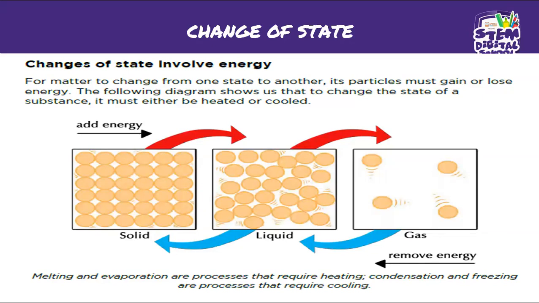So you add energy to a solid, what happens? It changes to liquid, and then consequently it changes to gas. Remove the energy, and from the gas it will change to liquid, and then to solid. And you see, at the end of the day, the process is cyclical. Melting and evaporation are processes that require heating. Condensation and freezing are processes that require cooling.